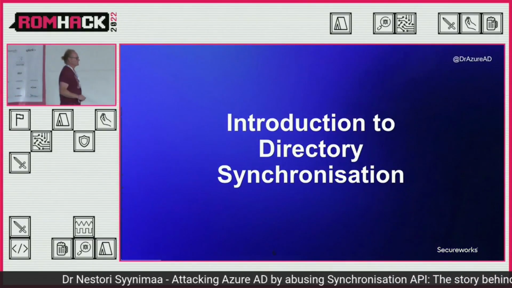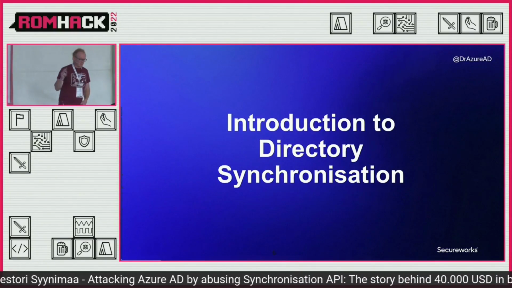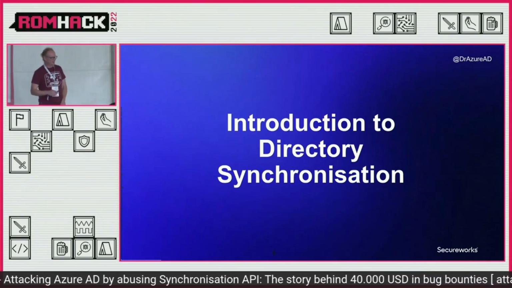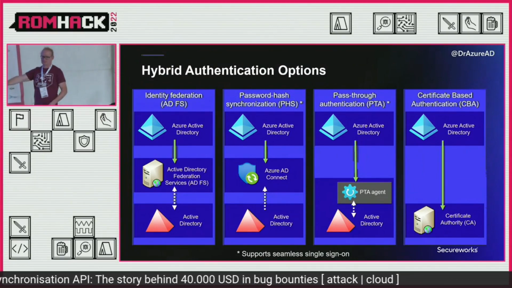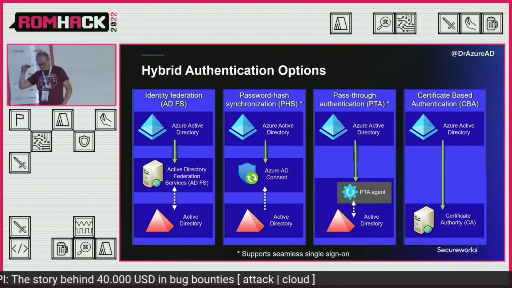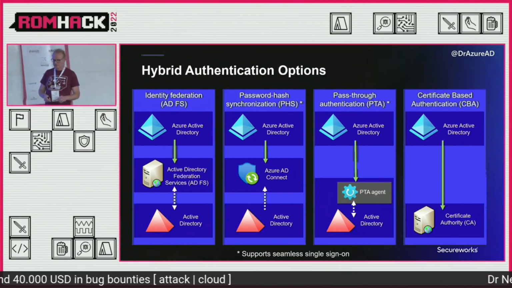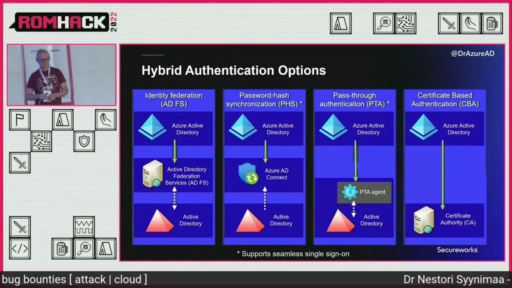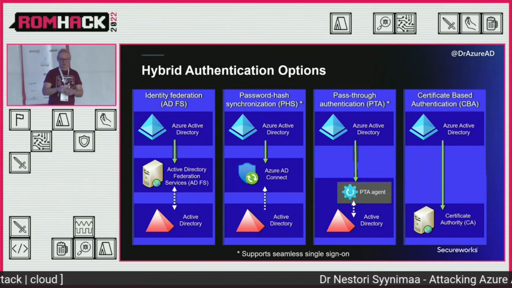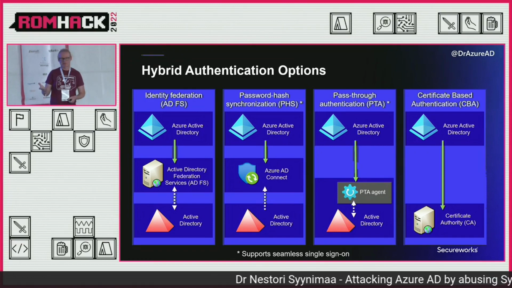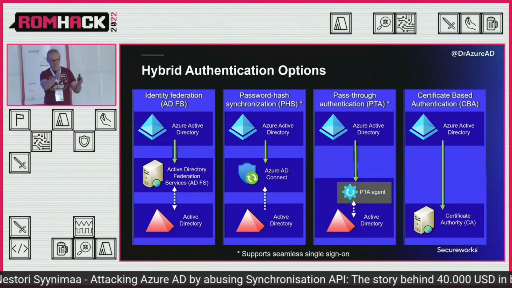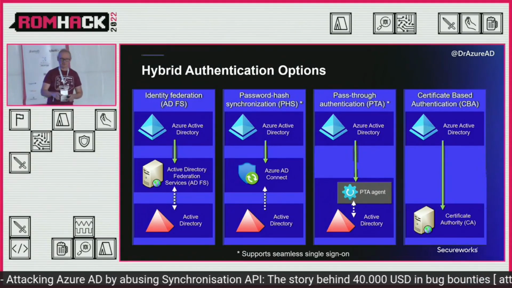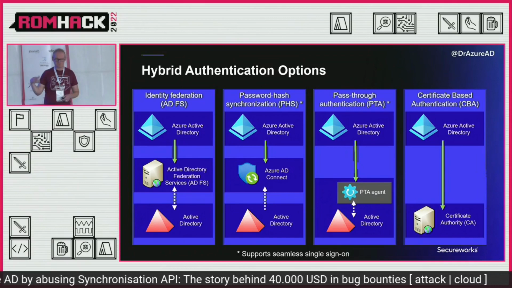Okay, so short introduction to directory synchronization. What is it? There are different authentication options you can use in Azure AD. You can be either cloud only, where everything is in the cloud, or probably you are more hybrid, where you are using the same set of credentials on-prem as in Azure, right? And you need to have a synchronization for that to happen.